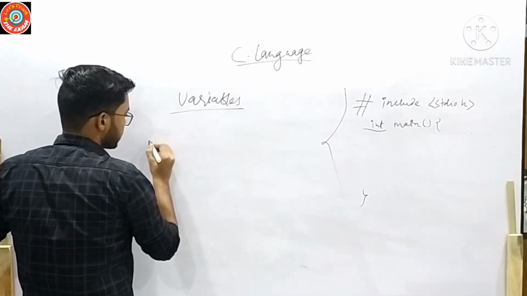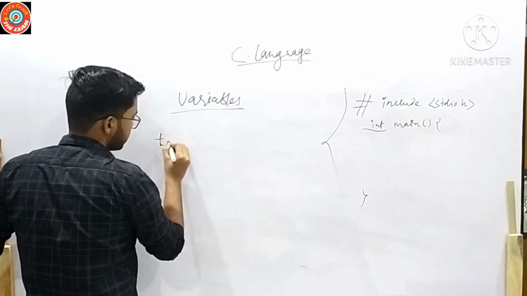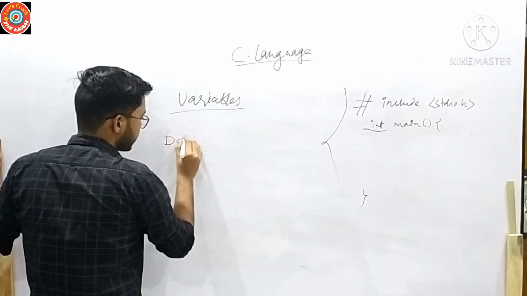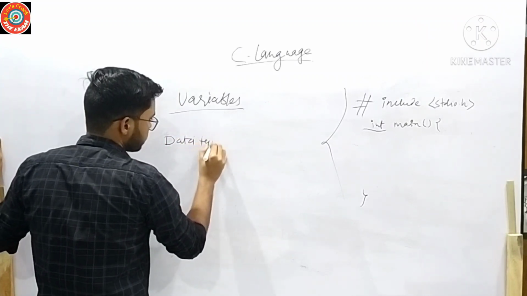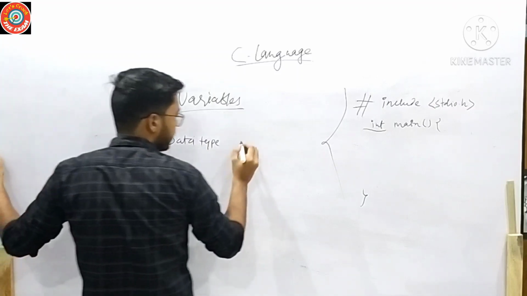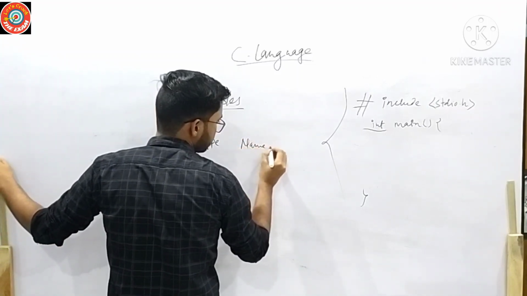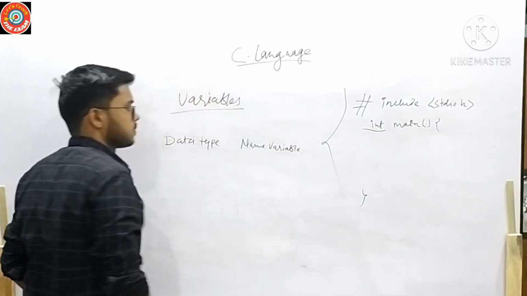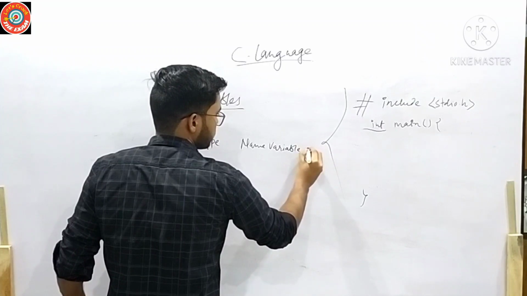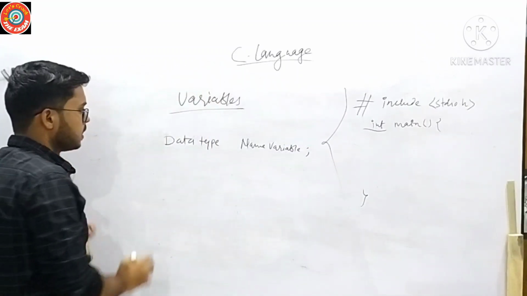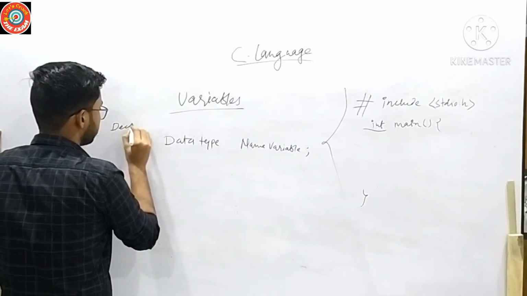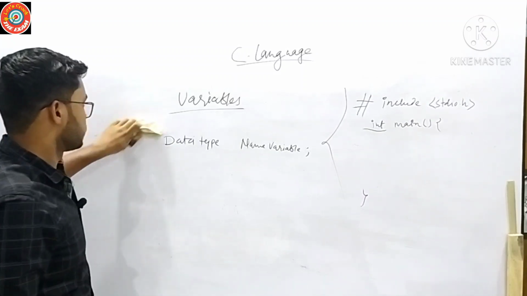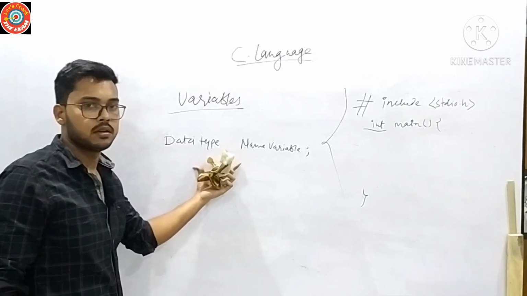So first we will write the data type, then the name of variable. So this is how we declare our variable.